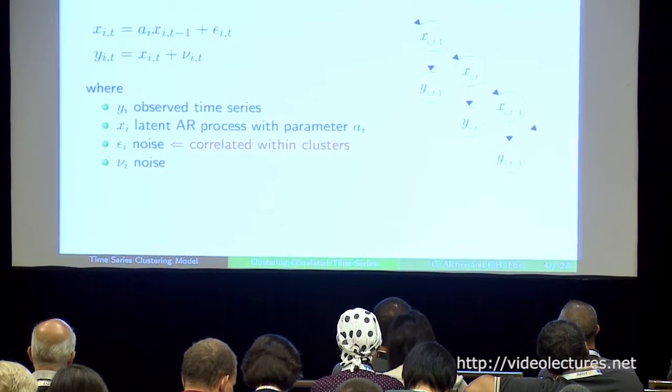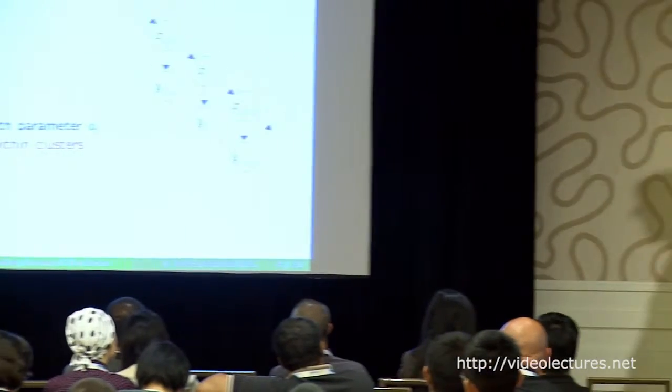So the evolution, I'm saying the dynamics of the latent AR process, these x's, I want to be correlated. So this epsilon Gaussian noise, which is usually assumed to just be independent, I'm now going to say has some sort of structure. The way I'm going to do this is with a random effect model.